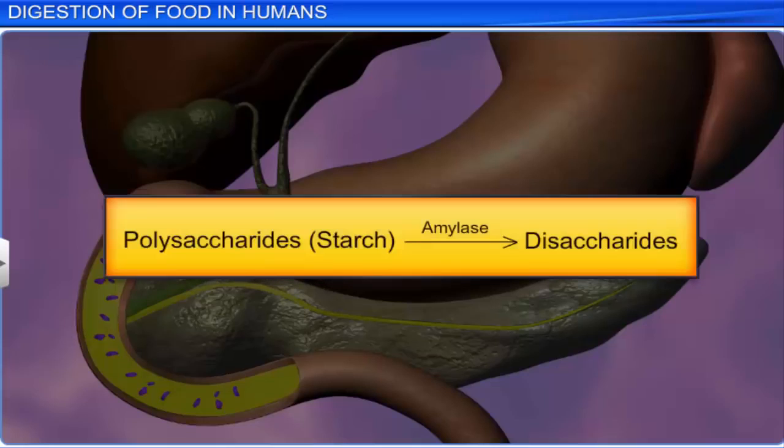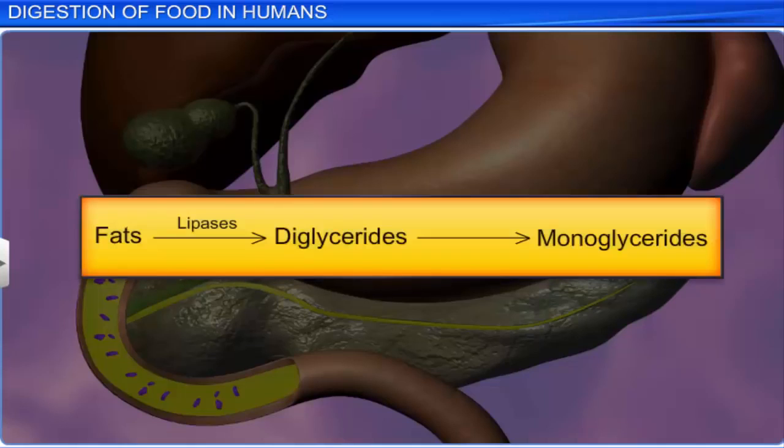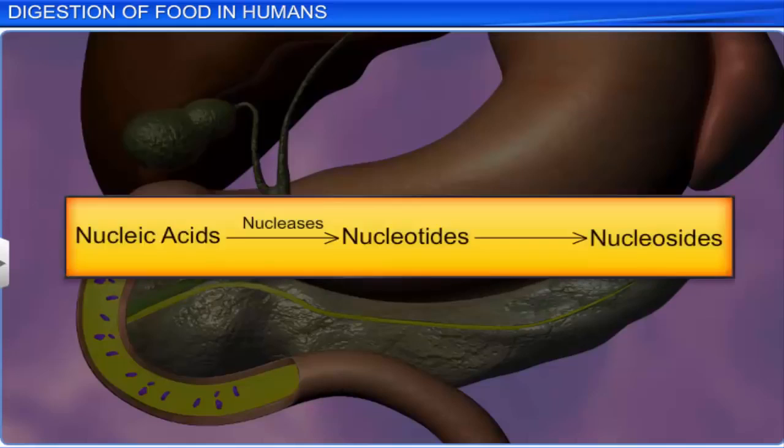Similarly, the pancreatic amylase hydrolyzes the carbohydrates into simple sugars or disaccharides. On the other hand, enzymes such as lipases break down fats into diglycerides and monoglycerides with the help of bile, whereas nucleases act on nucleic acids and form nucleotides and nucleosides.